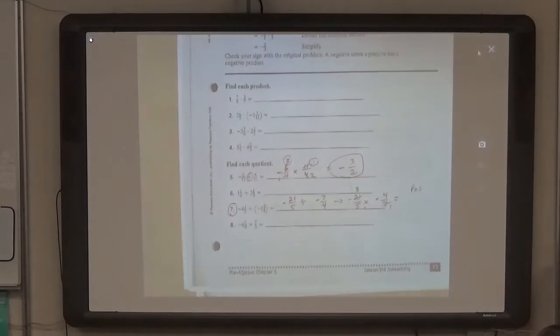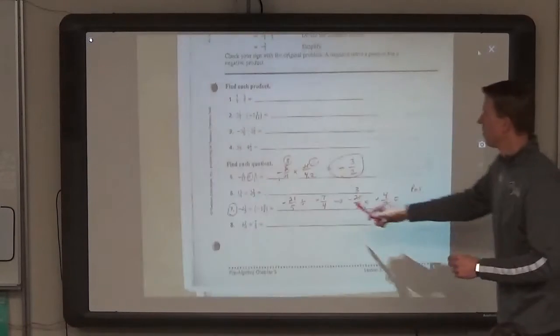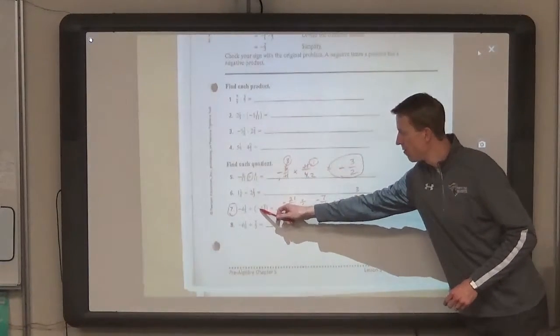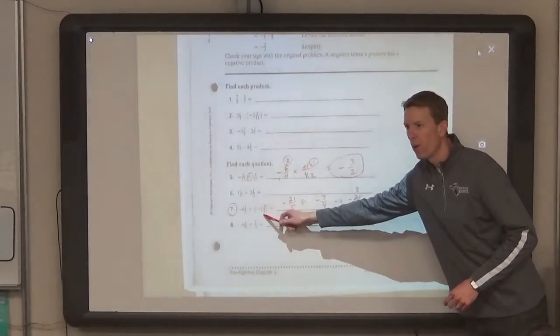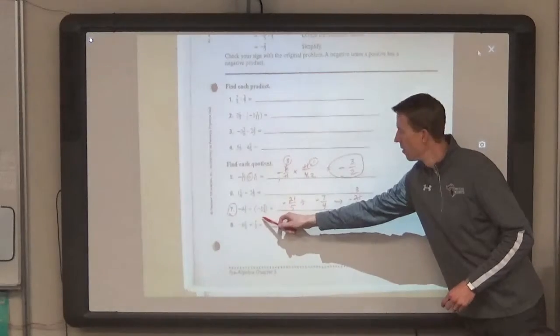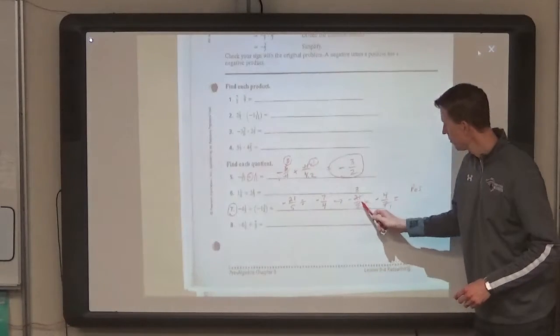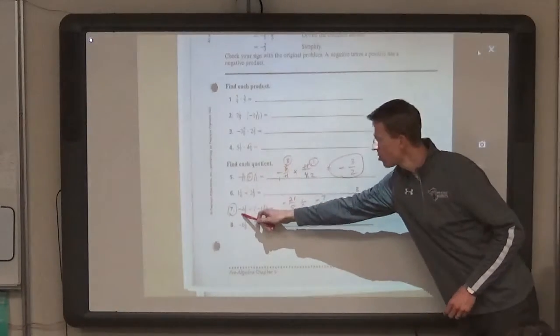Shouldn't the 7 be on the top? No, because the 7 is the top heavy fraction of negative 1 3/4. But then why is the 21 on the top? The 21 is from this one.